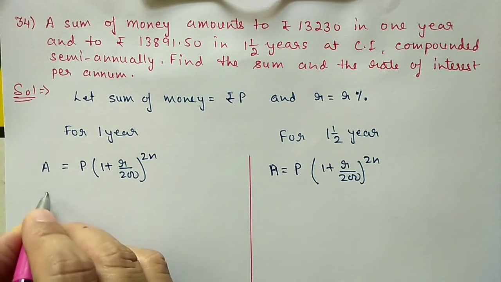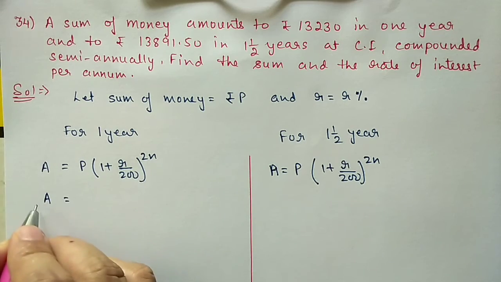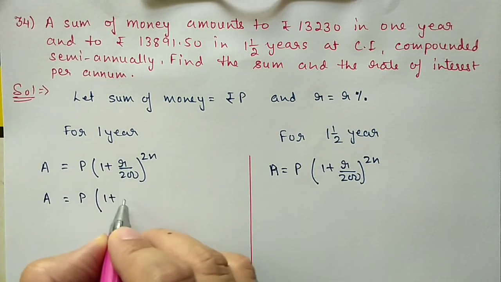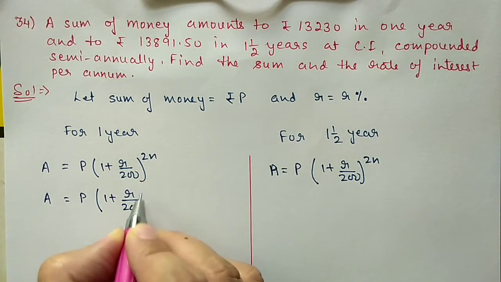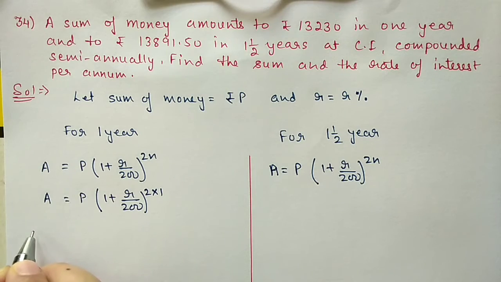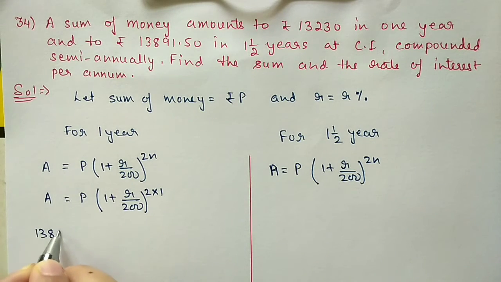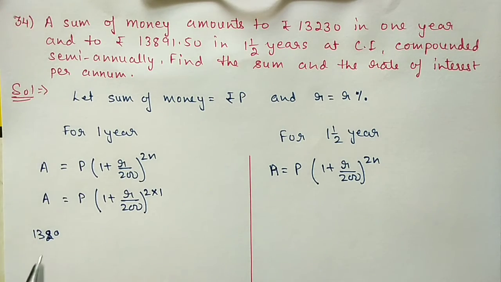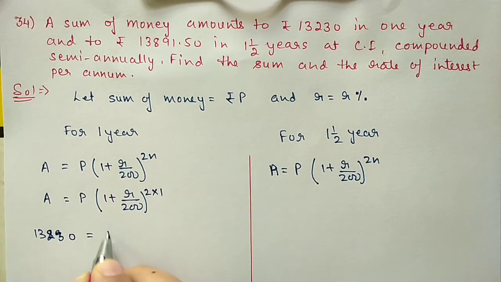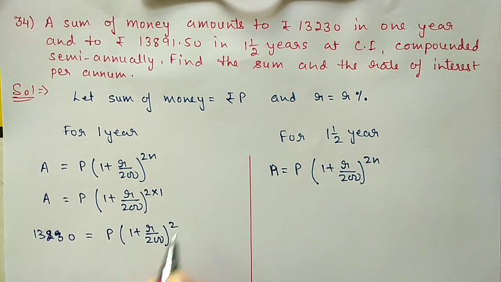In first case, A is equal to P. A value is given, we will substitute that one. 1 plus r by 200 to the power, time is 1 year, 2 into 1. And A is given here, 13,230 is equal to P (1 plus r by 200) to the power 2.